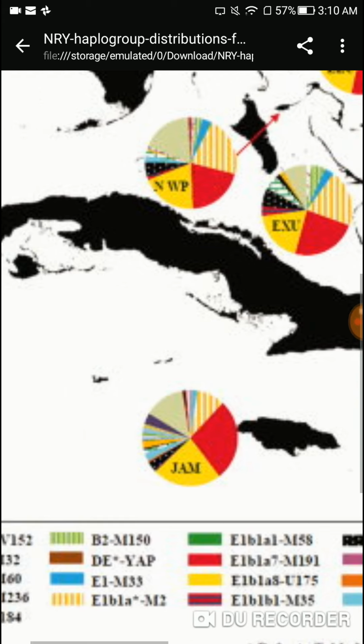So real quick, there's an E1B1A star dash M2 pie color, and that's just dealing with multiple different subclades under the E1B1A marker.